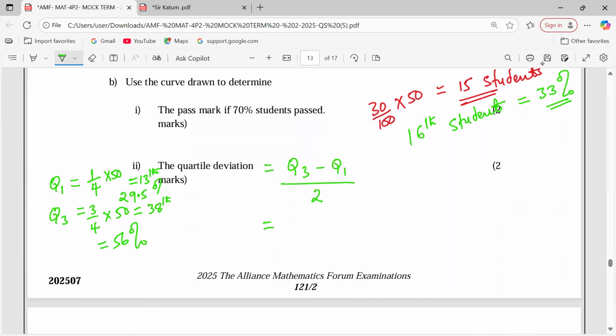Then this is 29.5%. So now we apply here 56 minus 29.5 over 2. So 56 minus 29.5, then we divide by 2. This gives us 13.25. This is what we call the quartile deviation.